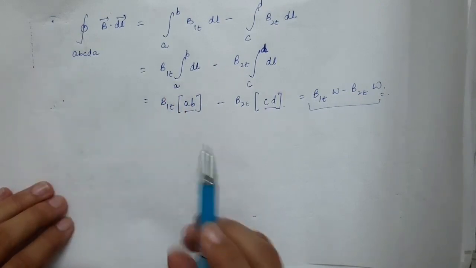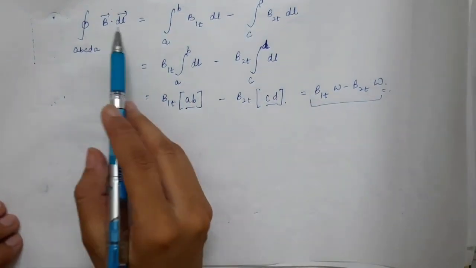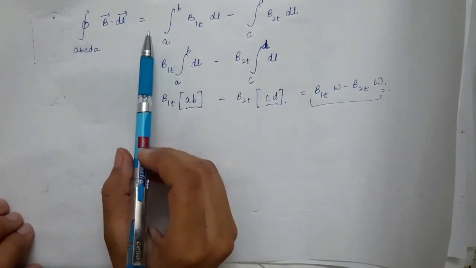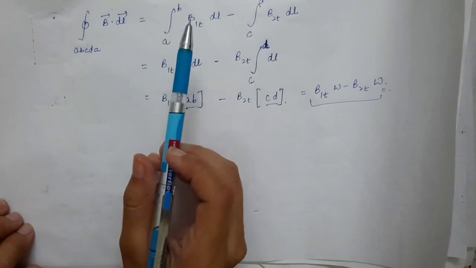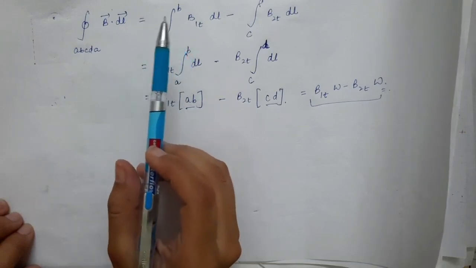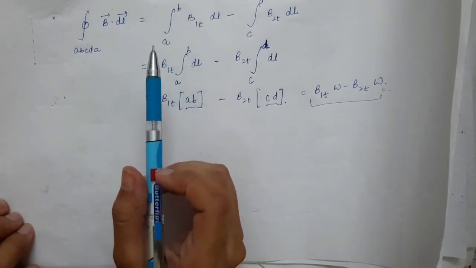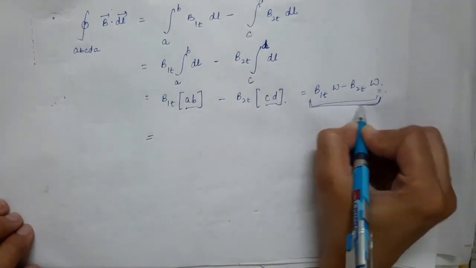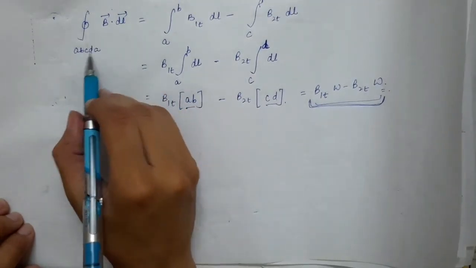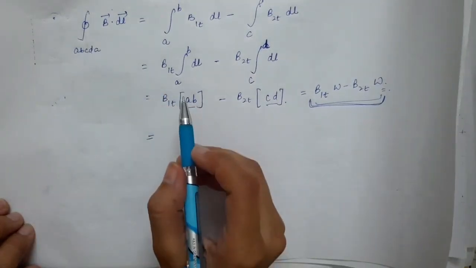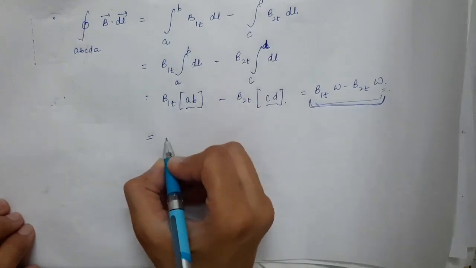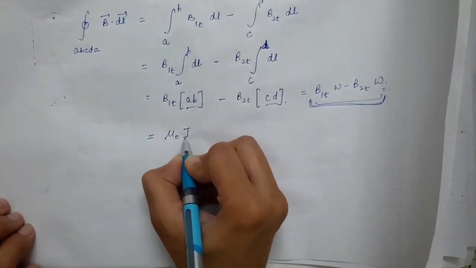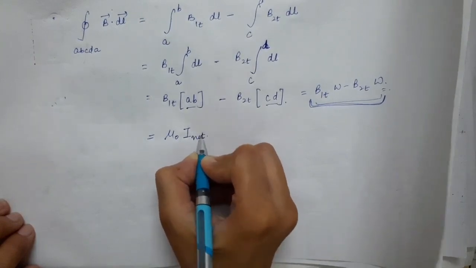Now using Ampere's circuital law, we know that line integral of the magnetic field over a closed path is equal to mu naught times the current enclosed by that loop. So this expression of line integral of magnetic field over a closed path is equal to mu naught times the current enclosed, and current enclosed is represented by I net.